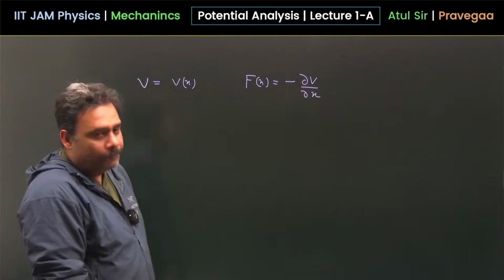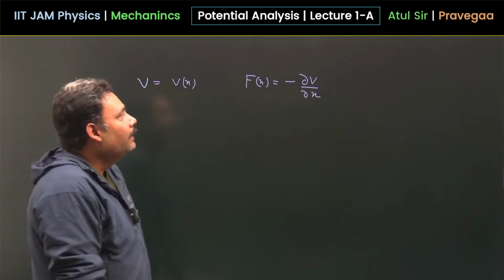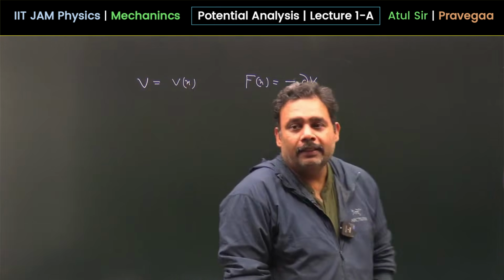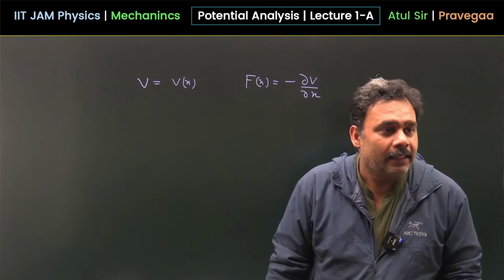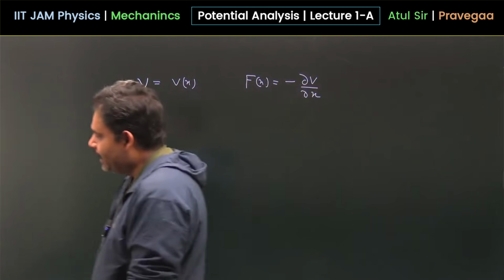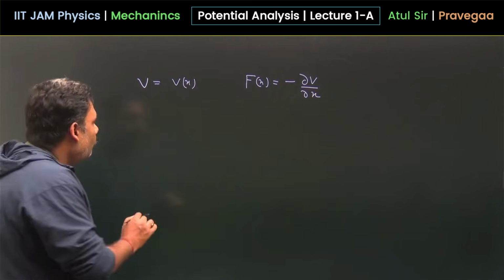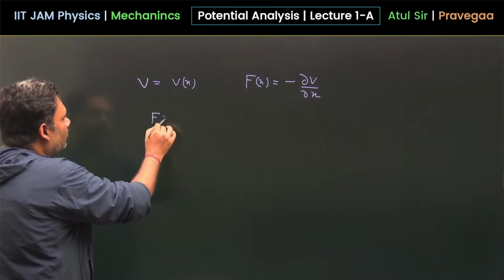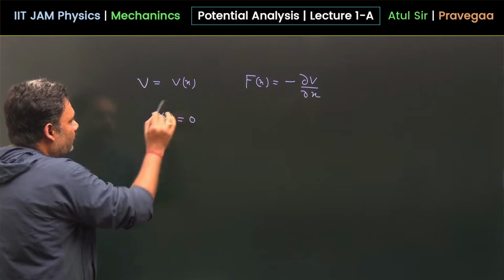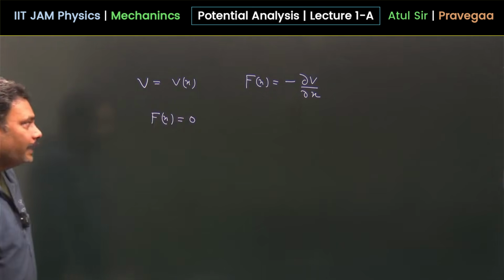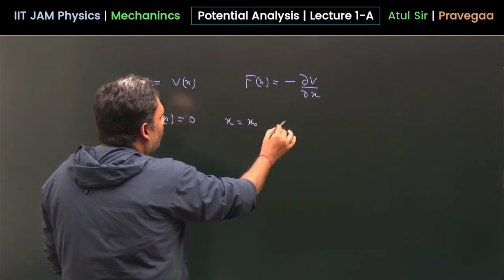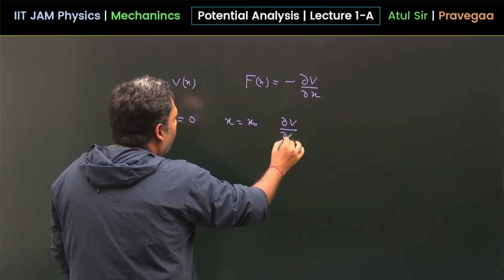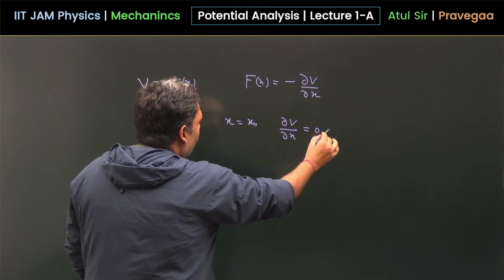And once you have force, there is one very important point. That point is identified as what? Equilibrium point. What do we call it? Equilibrium point. So what is that equilibrium point? When your force is going to 0, Fx is going to 0, then at some point x equal to x naught you have del V upon del x equal to 0.